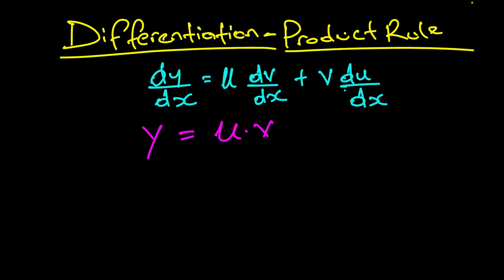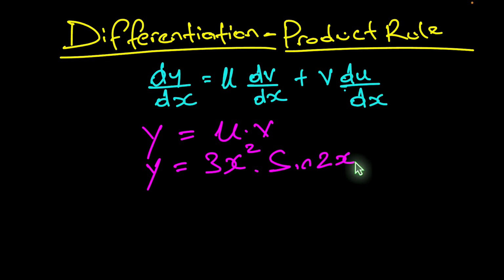So let's say those terms are y equals 3x squared multiplied by sin 2x. Now this is where the product rule comes in, because we have these two terms being multiplied.